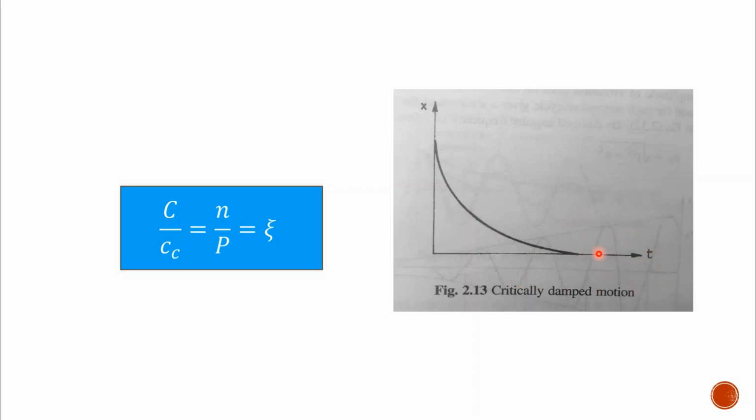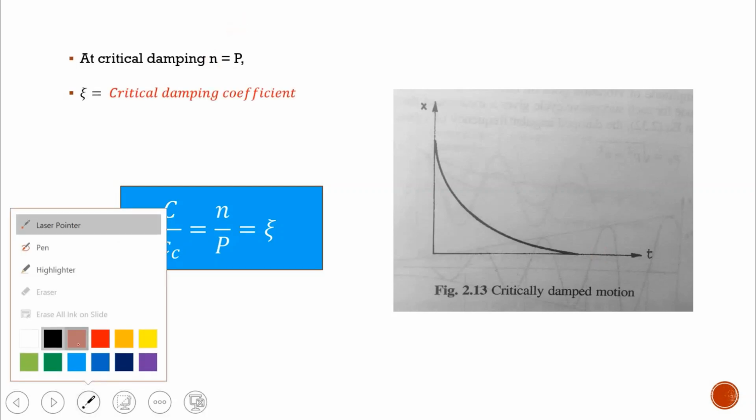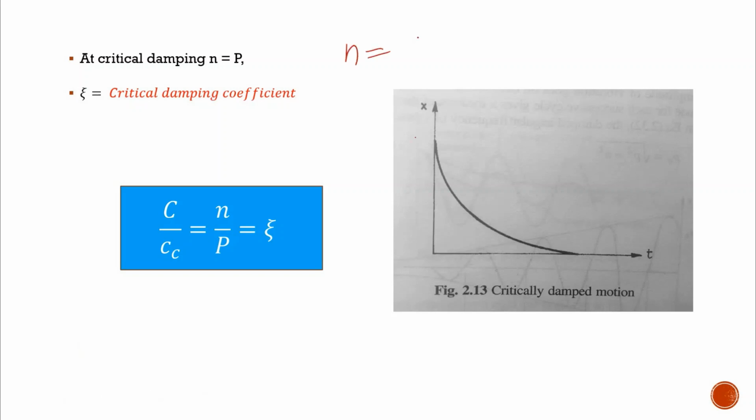Okay, and when n is equal to p, we know n is equal to c by 2m, and p is equal to root k by m. Here n is equal to p. This is the critically damped case, so the damping constant c is represented as cc, where cc indicates the critical damping constant or critical damping coefficient.